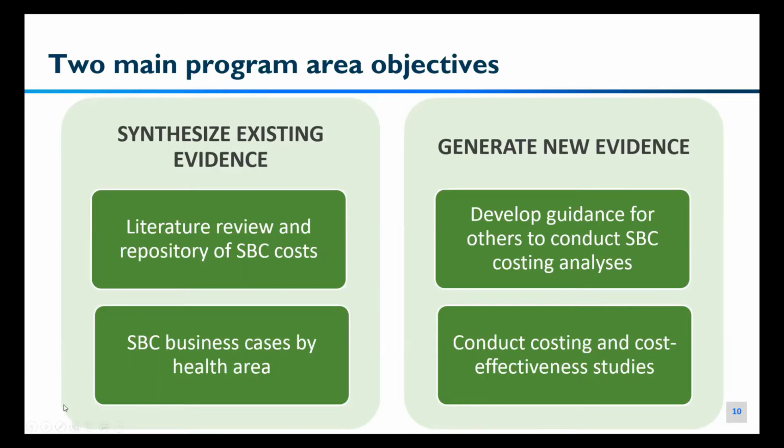We've also been generating new evidence. So in order to do a proper costing, it's important to have good guidance on how to conduct the costing analyses. So we developed this guidance. And then our last piece is that we've been actually conducting both costing and cost effectiveness studies under Breakthrough Research. I'll go through each of these in a little bit more detail. Next, please.